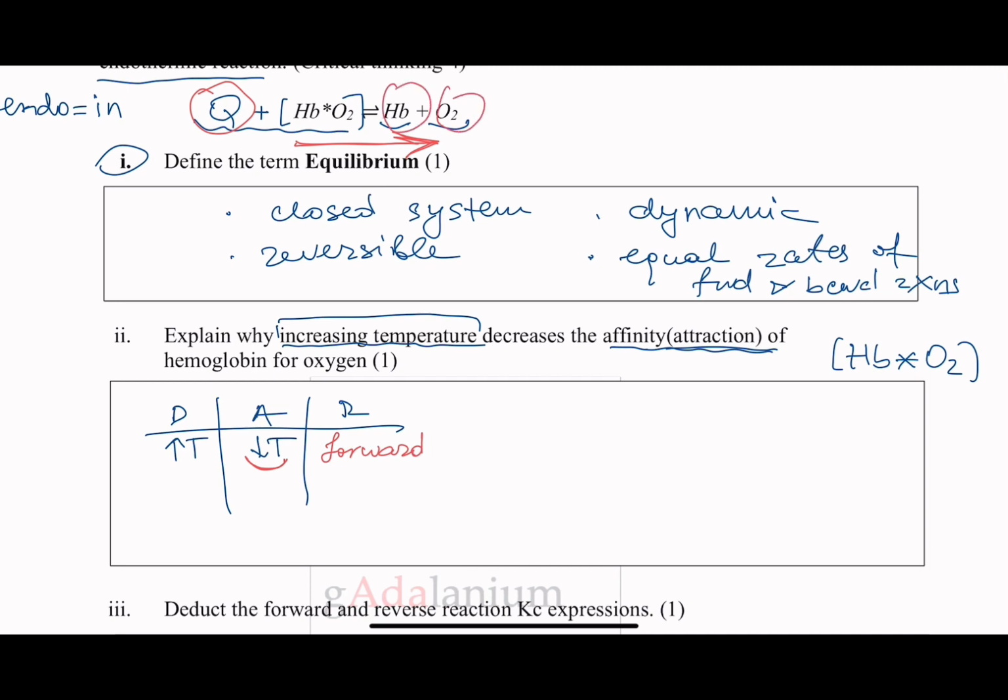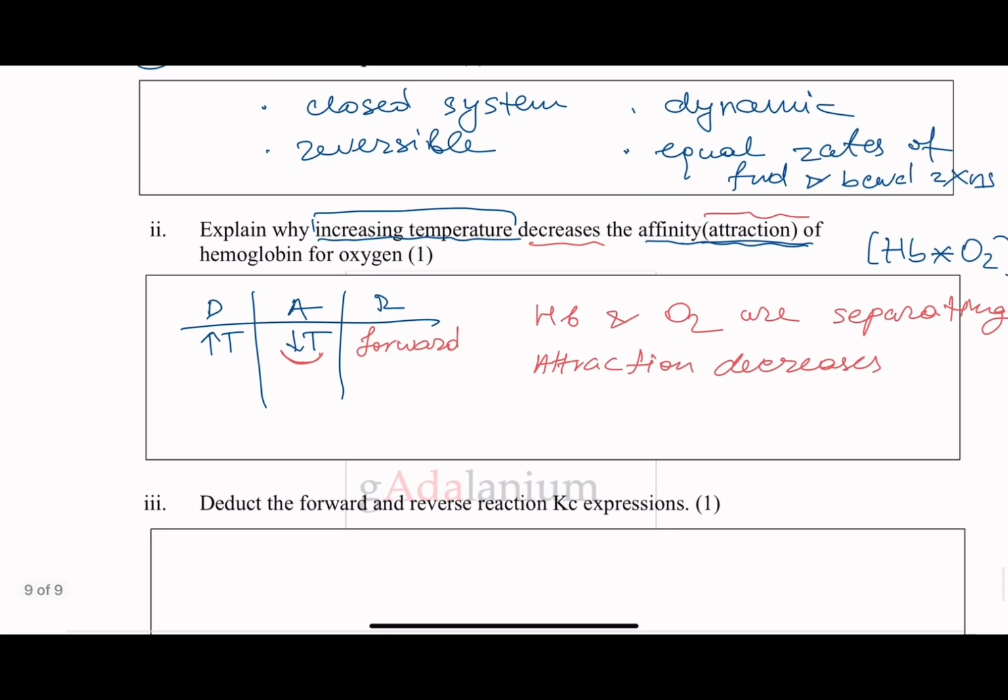Hemoglobin and oxygen are separating from each other. So that means that their attraction decreases. That's it. You need to explain this.